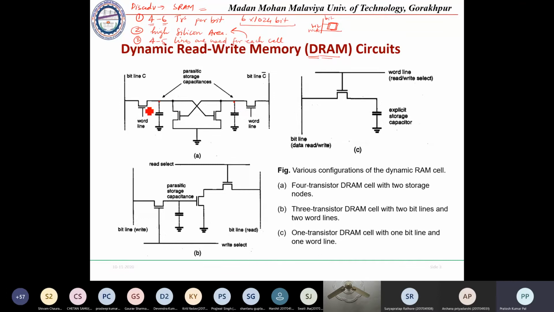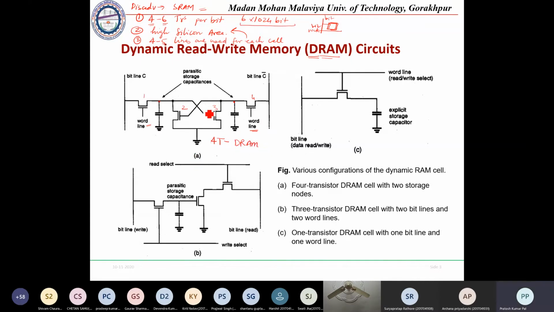Two switches, similar to SRAM, are used for word line controlling, and 2 bit lines will be there. So here also 4 lines are being used, and overall 4 transistors are used, so it is 4T DRAM.